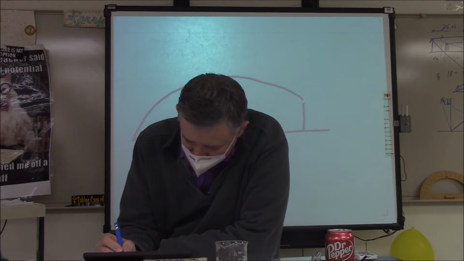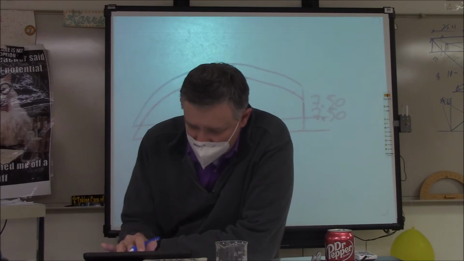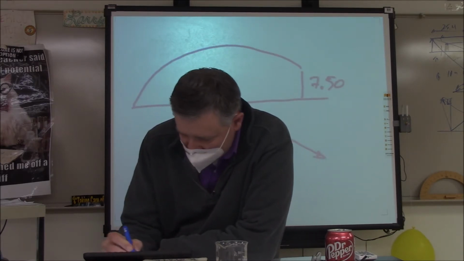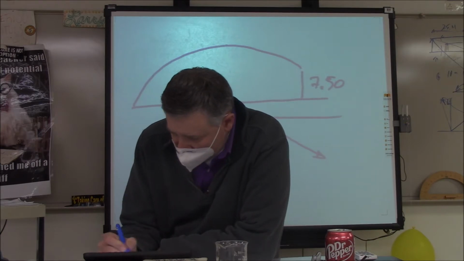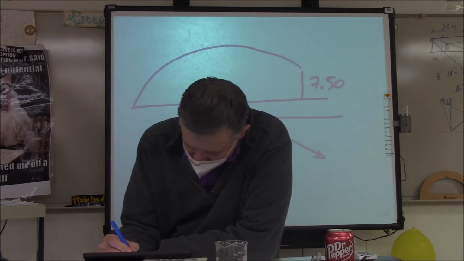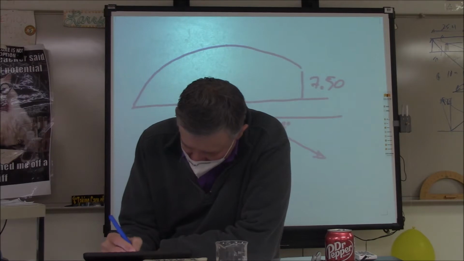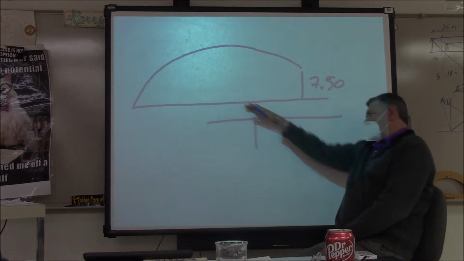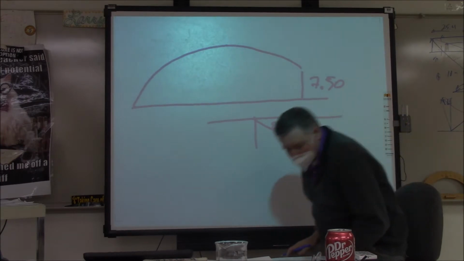So, this is 7.5 meters tall. And when that ball is clearing that wall, it's coming down here like this, and you're told that the angle is 28 degrees. So here's the top of the wall, and that ball is coming down here like this.